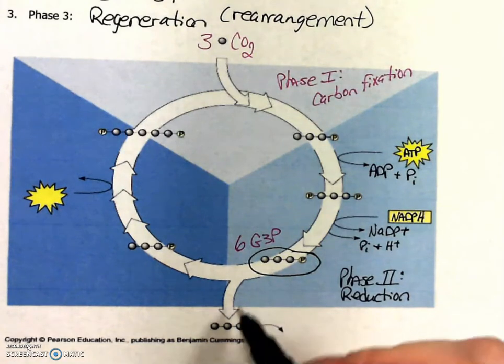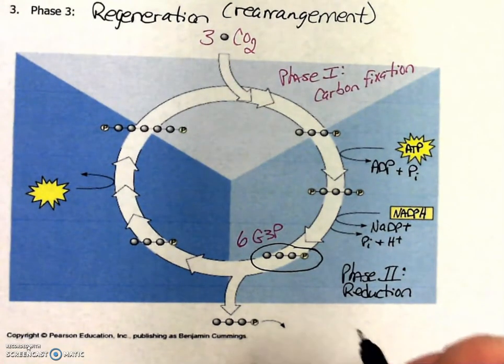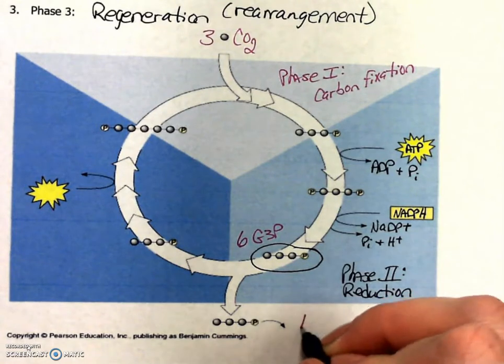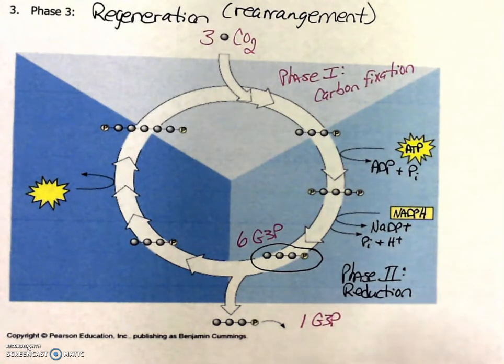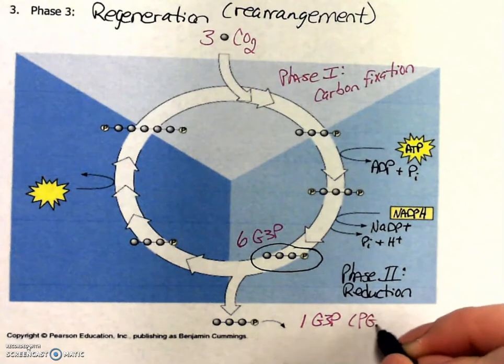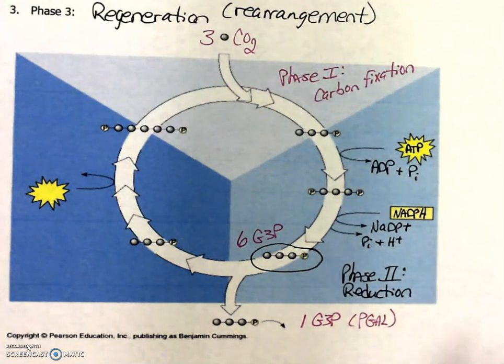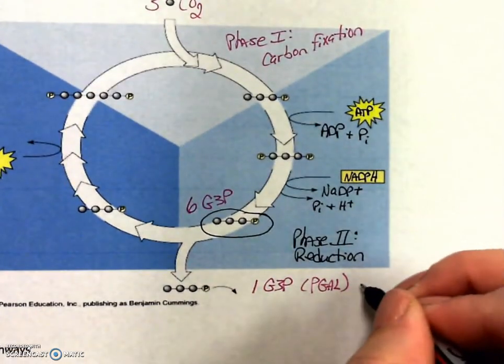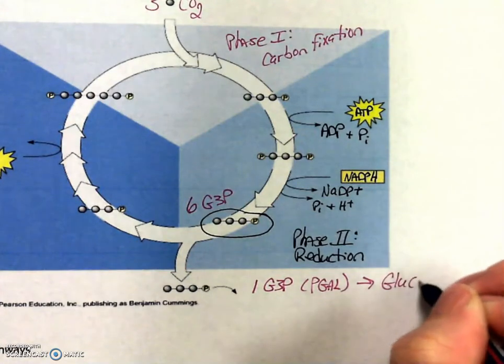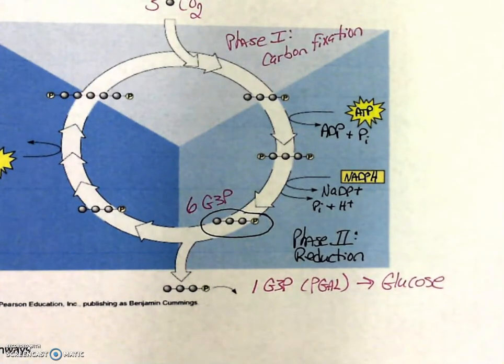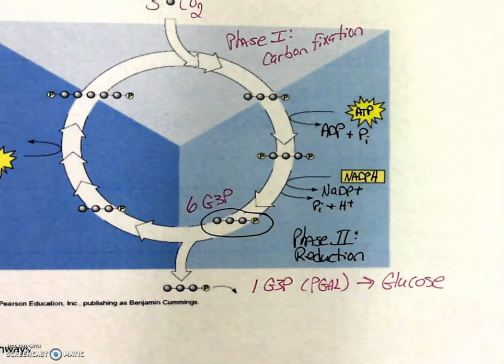And here, coming out of the cycle, will be 1 of the G3P or PGALs. This 1 goes on to make glucose. So that is where our glucose eventually comes from.